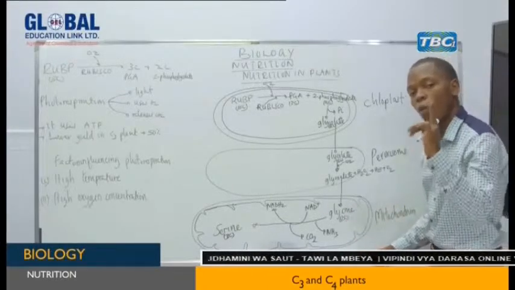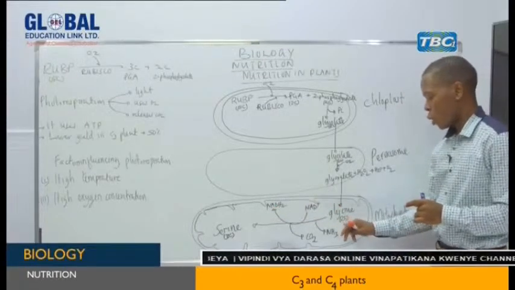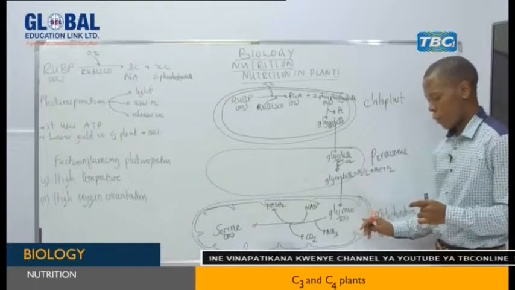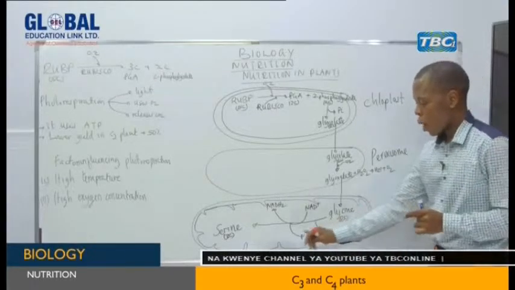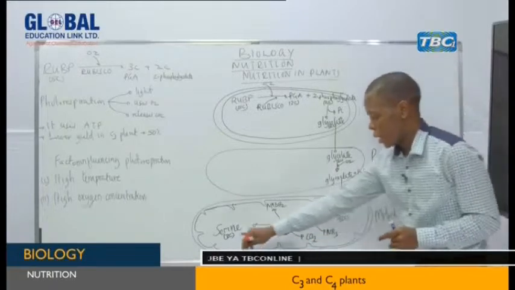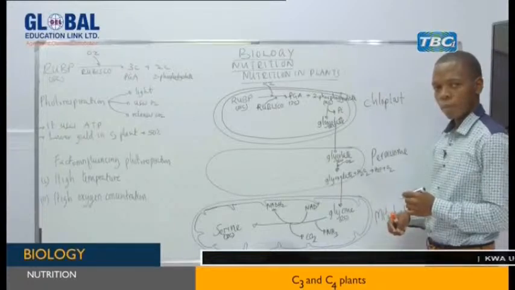Therefore, 2 molecules of glycine, 2 carbon, 2 carbon, has 4 carbon. In this 4 carbon, 1 carbon is lost in the form of carbon dioxide, and the remaining 3 carbon is the one used to form serine.